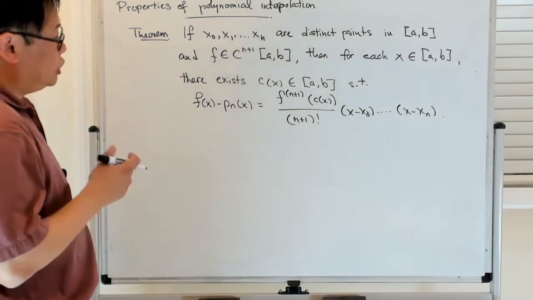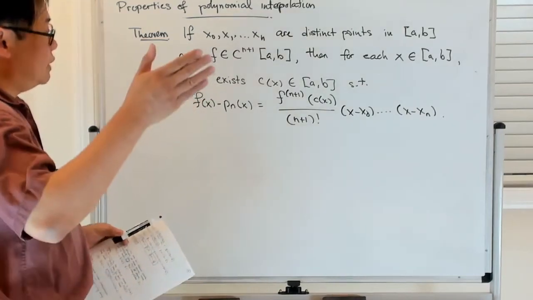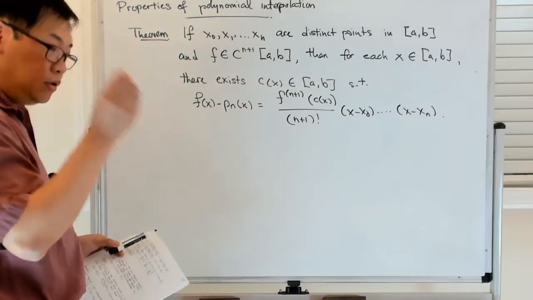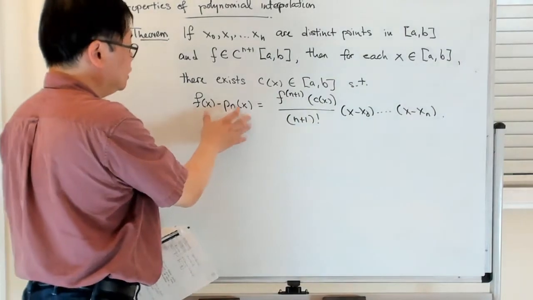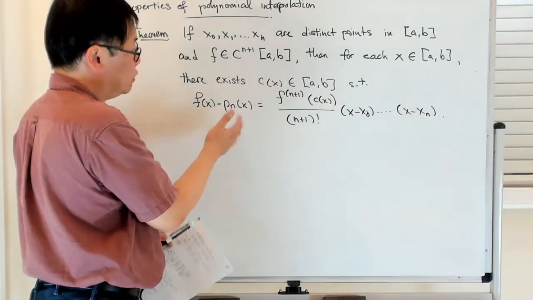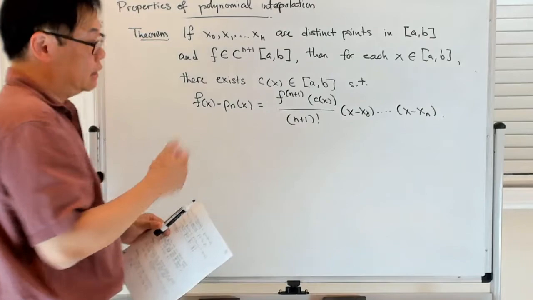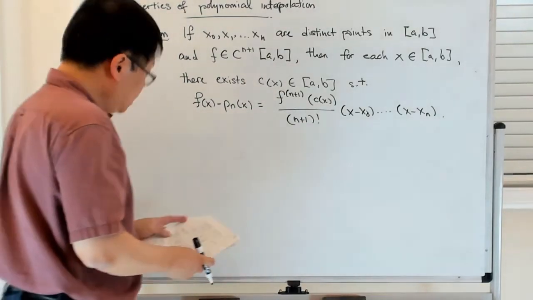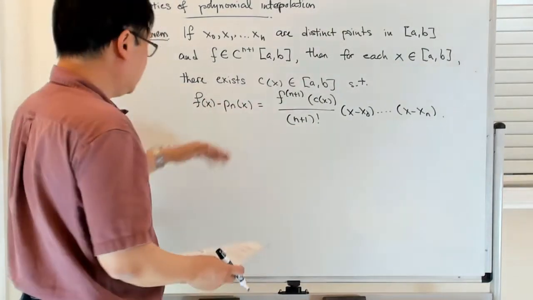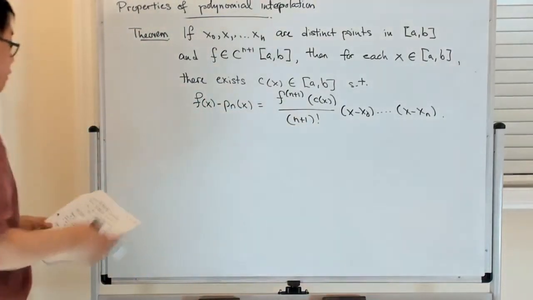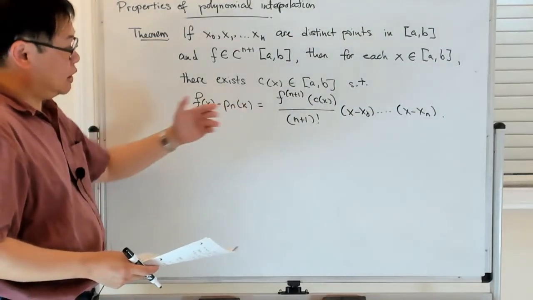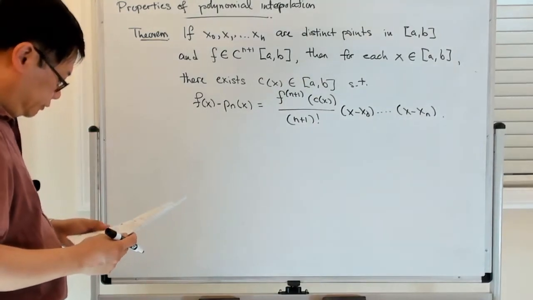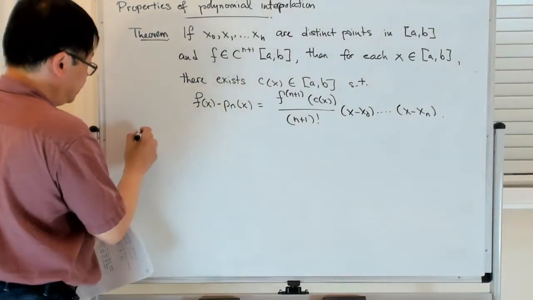You could imagine that if all the points x0 to xn converge to x0, you get a result which is morally like the remainder term for the Taylor polynomial. That can actually be made precise, and the right way to make it precise is the machinery of divided differences, which we'll talk about in a little bit. So that's another theorem about the remainder.